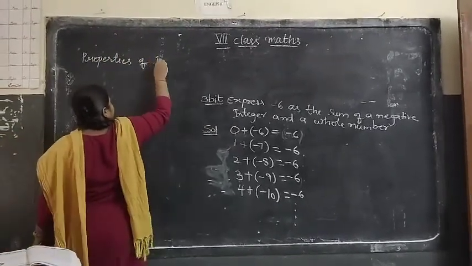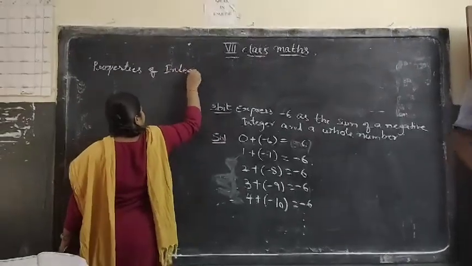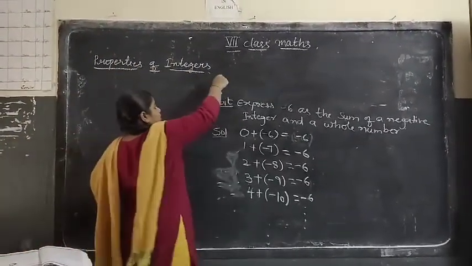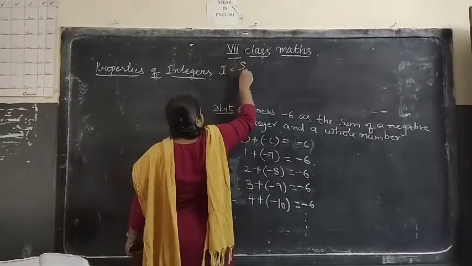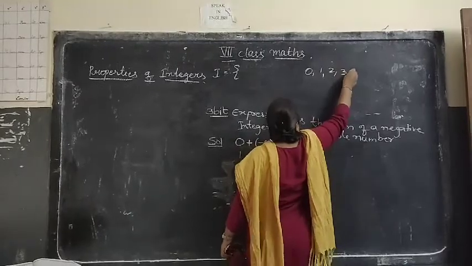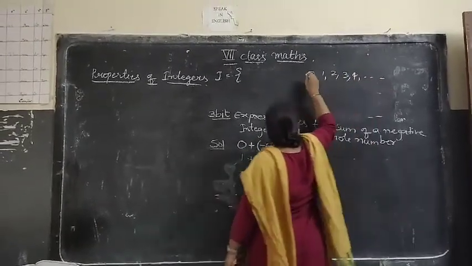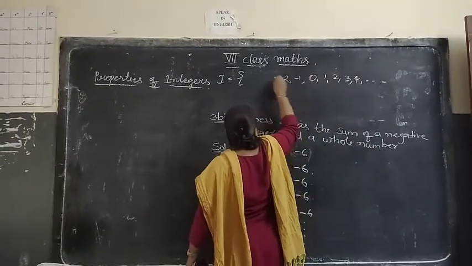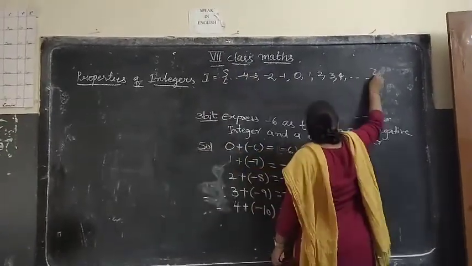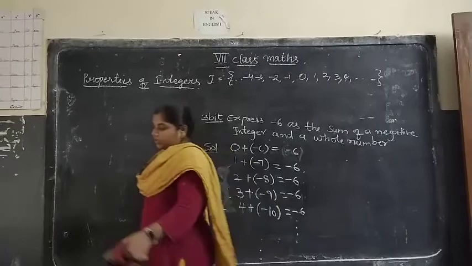Already you know the integer set: on the right side we will have positive numbers and on the left side we will have negative numbers along with 0. So these are integers. Now we will see what the properties of integers are.